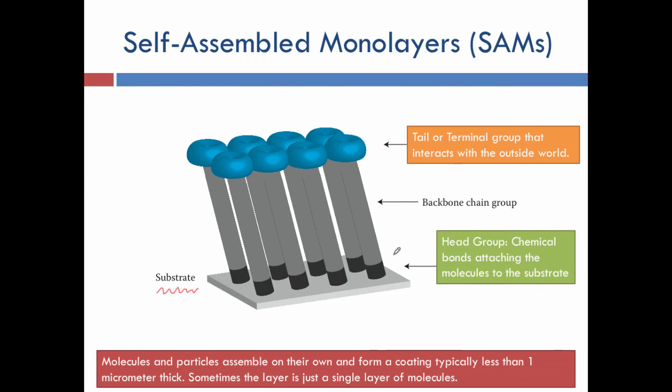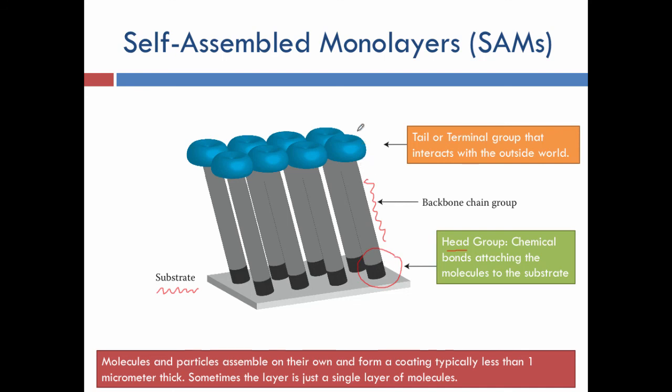First of all, there's the head. And that's the part that bonds to the surface somehow. And so that's the head group. And quite often this substrate is a metal, by the way. And so these would be atoms that like to bond, usually with metals. Then there's a backbone, and of course that's this part here, and that's usually very long, as is drawn here, compared to the width of the molecule itself.